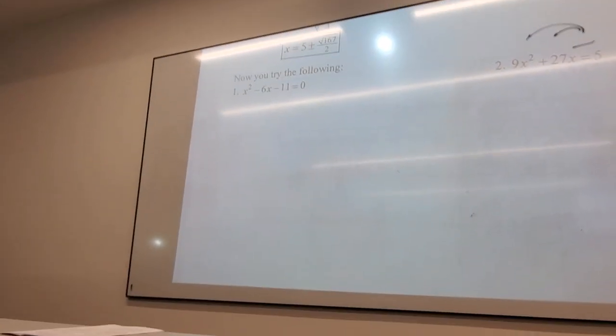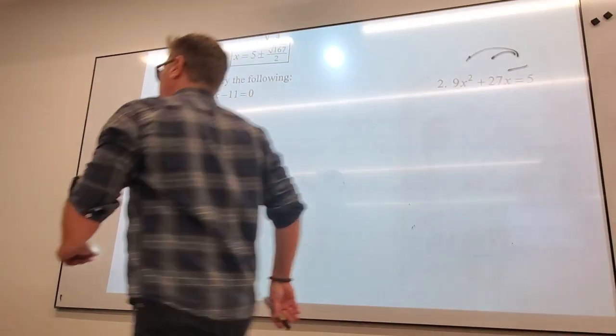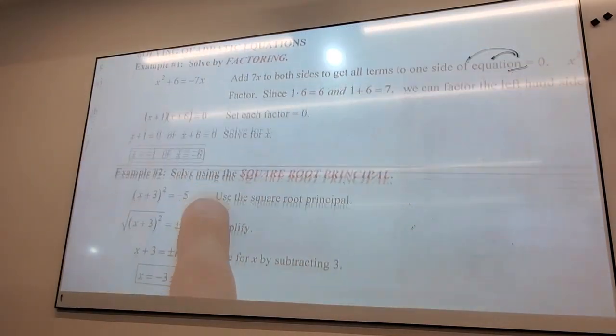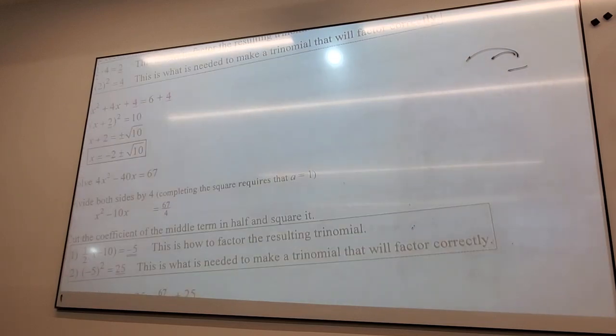The one we got yesterday? Let me know if you need this sheet. It's the one that says quadratic equations at the top, is that right? One side says solving quadratic equations, the other side says completing the square. So one side is all the different ways to solve, and the other side is that. Does anyone need that? Completing the square first?